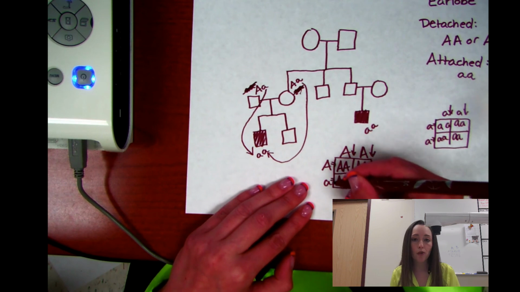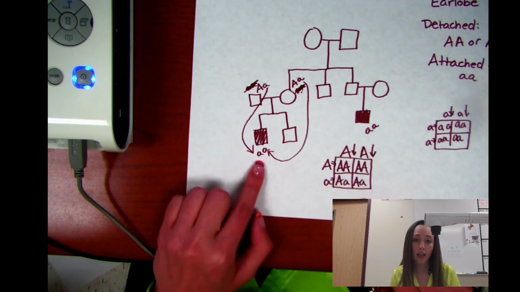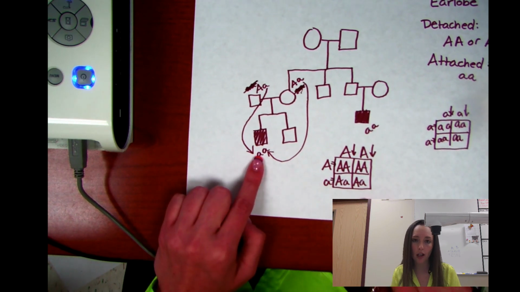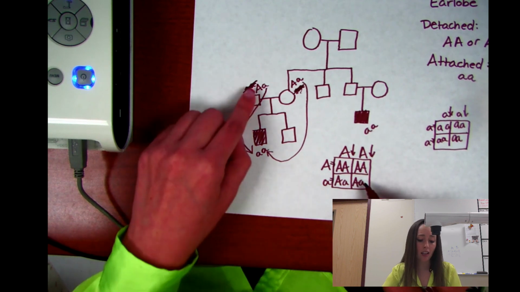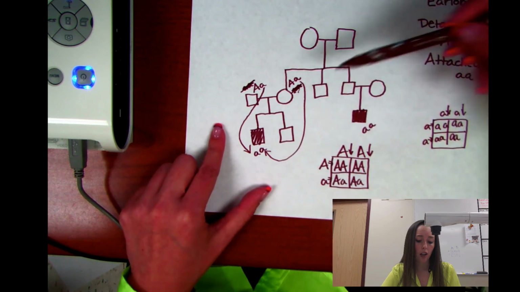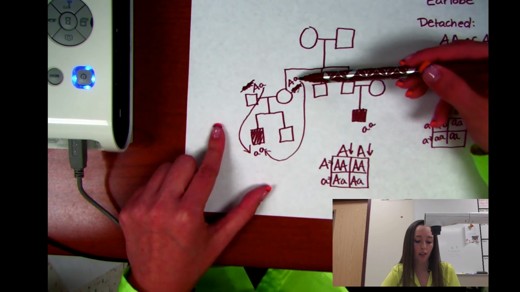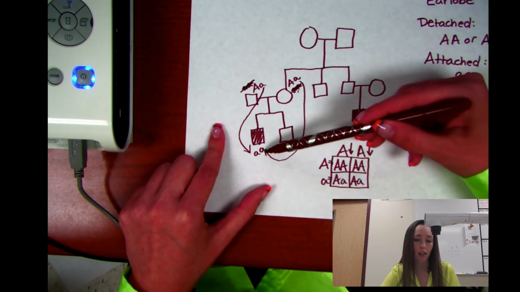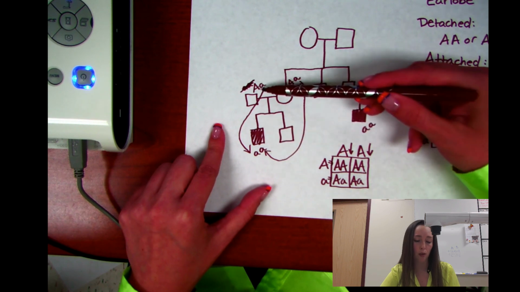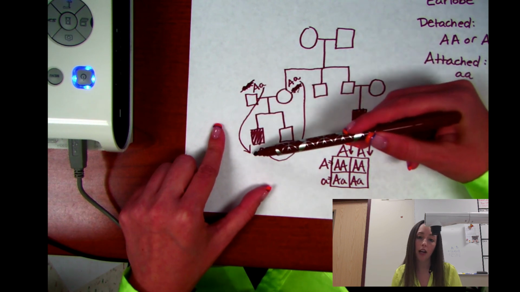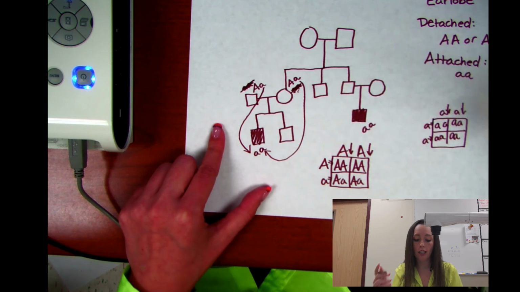It's not possible for them to have a kid with the recessive trait. There's no little a in any of these boxes. So I know for sure that both of these are heterozygous. The easiest way to figure that out is the little a recessive trait gets passed on from the mother, and the little a gets passed on from the father. Okay? So there we go.